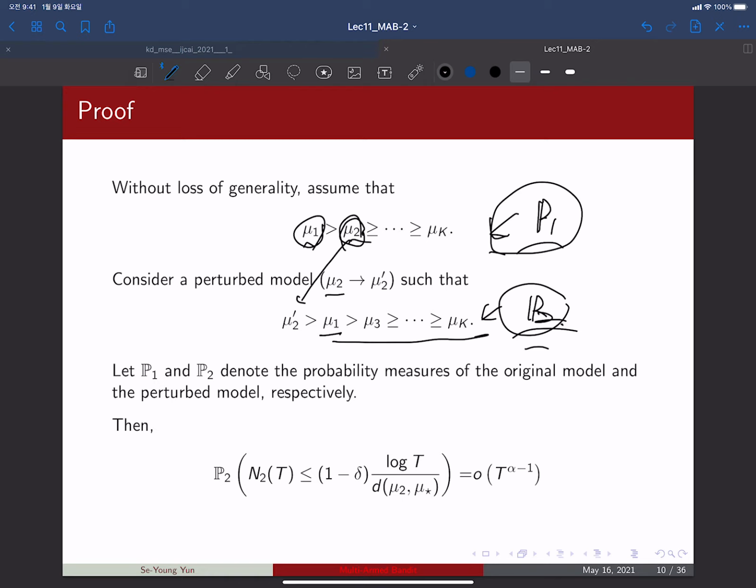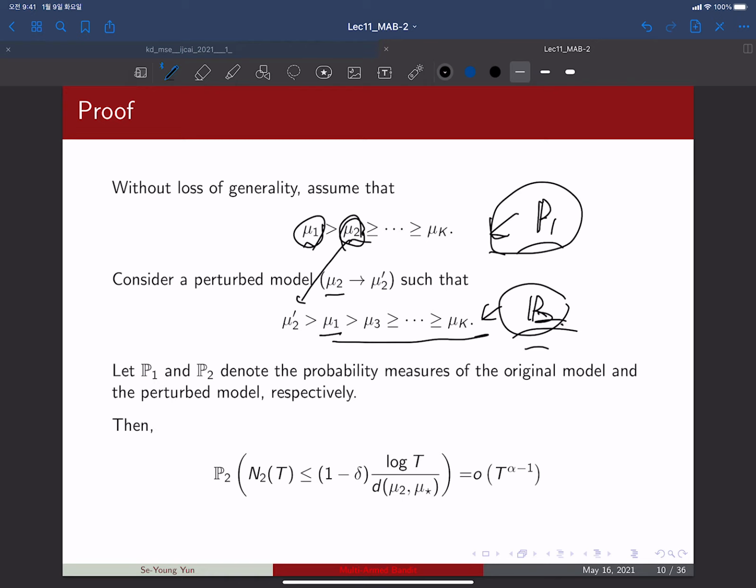Then the question is: how many samples and what kind of decision process, what kind of policies, can give us very tiny regret and give us the right information to discriminate P1 and P2? That is the main question.